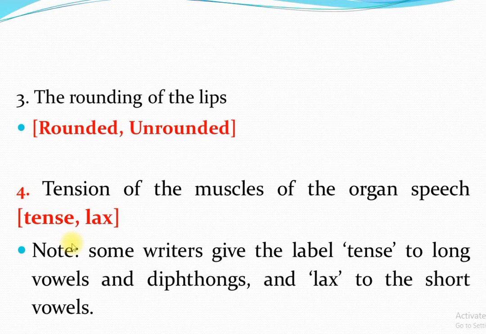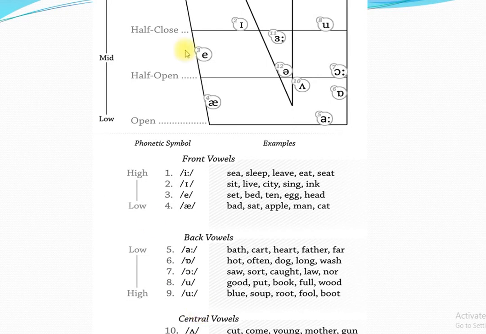When we want to produce some sounds we exert more effort, and the muscles are more tensed, while producing other sounds the muscles are rather relaxed, comparing with the tense sounds, they are lax. Which sounds are tense? Which sounds are lax? The long vowels are tense and short vowels are said to be lax. And we took this figure, which is a hypothetical figure, not a realistic one, showing where each sound is located in relation to the tongue and the mouth.